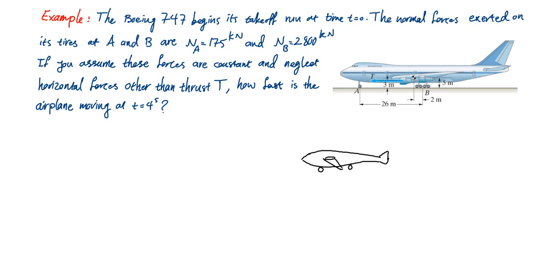So looking at the forces, I have one normal force here at A, called NA. I have another normal force there at B, NB. The center of gravity is given, so I'm going to put it approximately around the same place here.